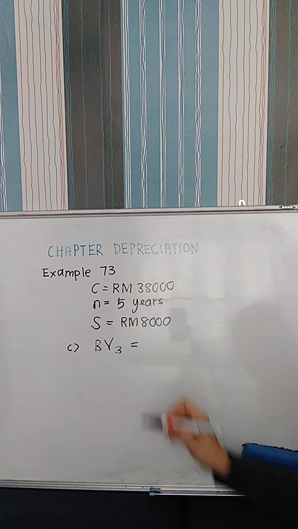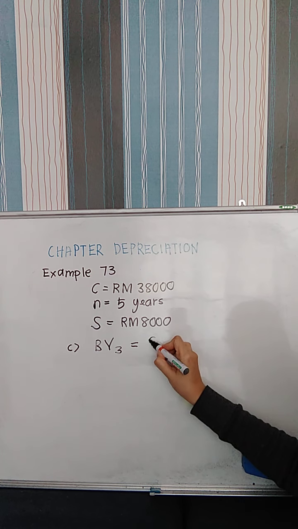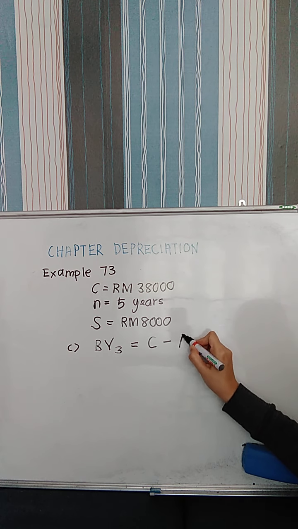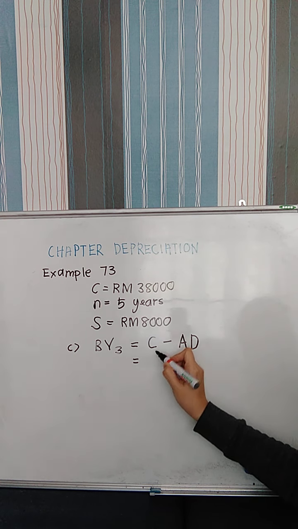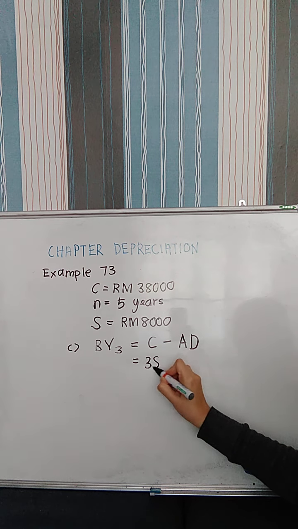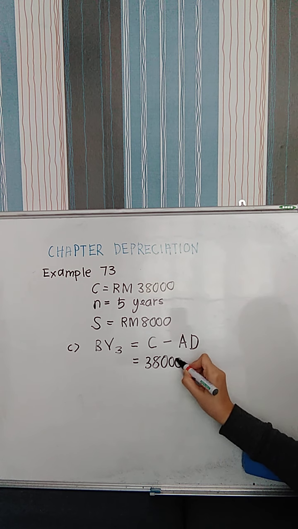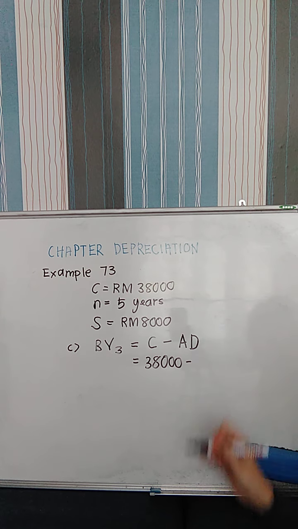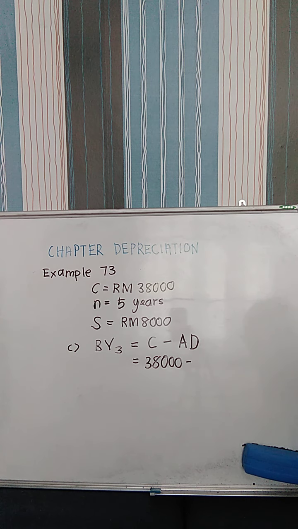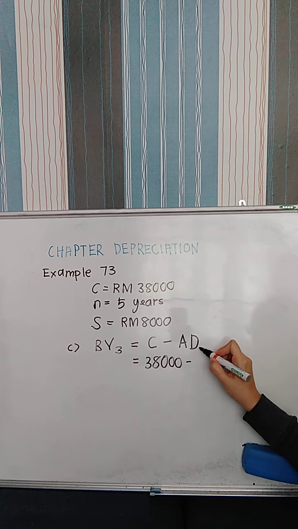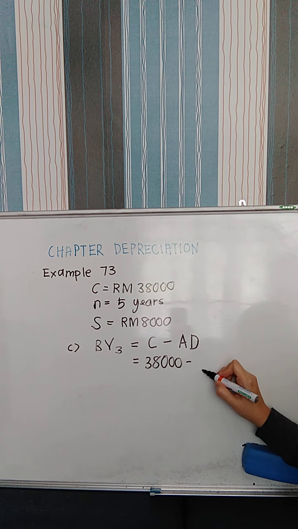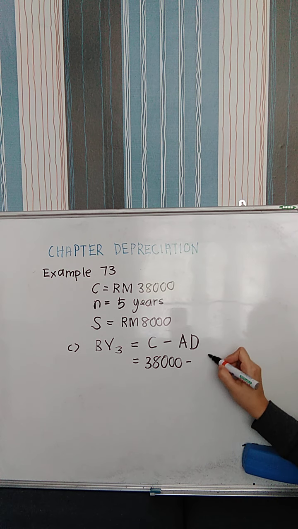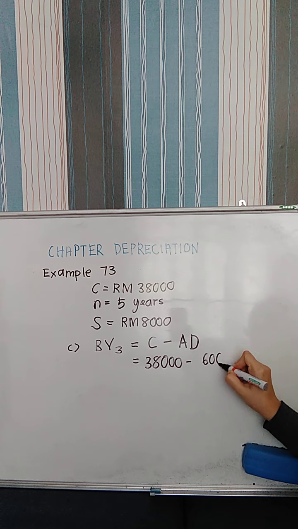The formula of book value is cost minus accumulated depreciation. So cost 38,000 minus accumulated depreciation. How to calculate accumulated depreciation? You got the value of annual depreciation, 6,000.